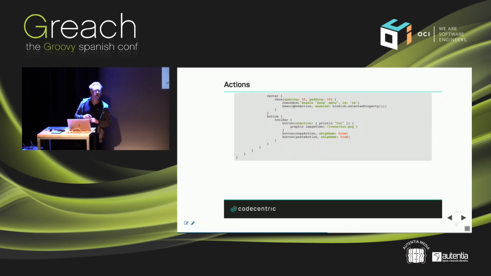The problem is, normally I would just say bind save action something, but save action is an action and not a component. What I can do is use the bean node and say, okay, this is the bean where I want to do something, the save action in this case, and then please bind the enabled property to the selected property.